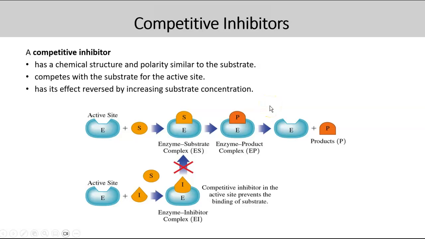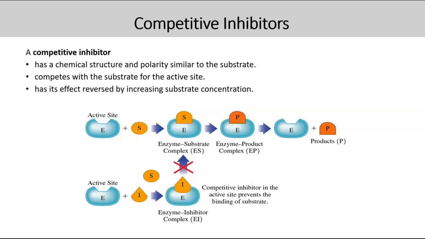Now we will see what competitive inhibitors are. We said the competitive inhibitors will compete for the active site. In order for them to compete, they must be able to bind to the active site just like the substrate.